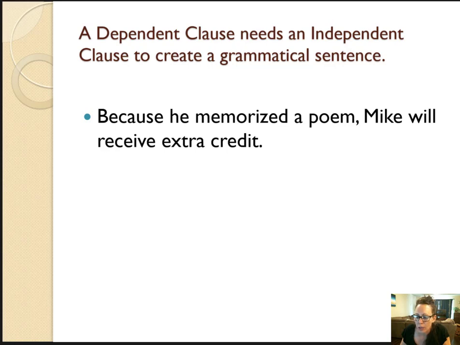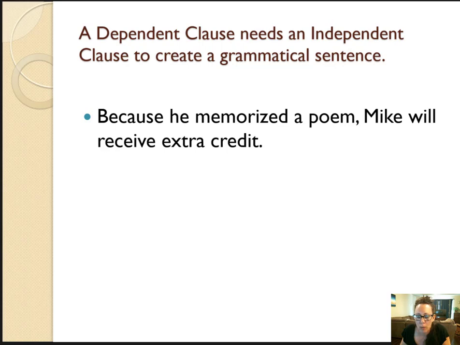So every sentence in English has to have at least one independent clause. It can have more than one, but it doesn't need more than one. It needs exactly one. It can have a dependent clause or multiple dependent clauses, but it's optional, it doesn't need to be there. But if we do want to give information for a dependent clause, we've got to tack it on to an independent clause somehow.